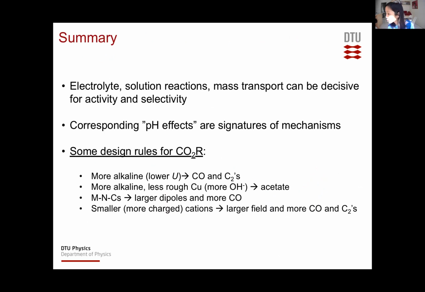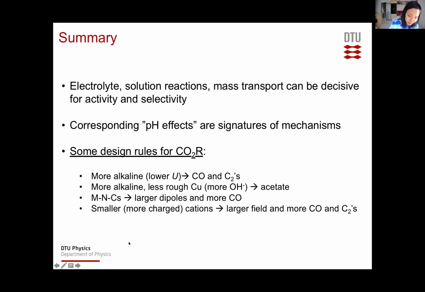And so what I hope to have shown is that the electrolyte solution reactions and mass transport can all be decisive for activity and selectivity beyond electronic structure effects that we, coming from an atomistic perspective, are so accustomed to examining, and that the corresponding pH effects can also be signatures of the mechanisms that we are investigating.